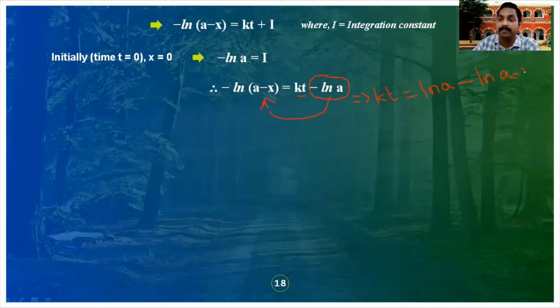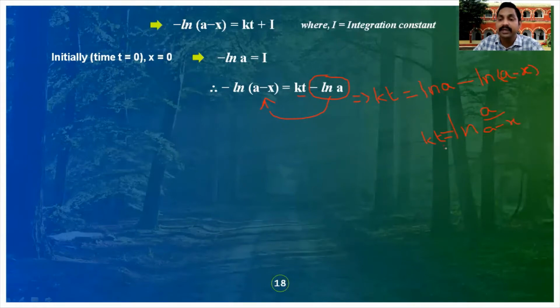Let us put this in brackets. So kt is equal to ln a minus ln (a minus x). Log A minus log B is equal to log A by B. So we can also write it as ln a divided by a minus x. This is equal to kt. So kt is equal to ln a by a minus x.